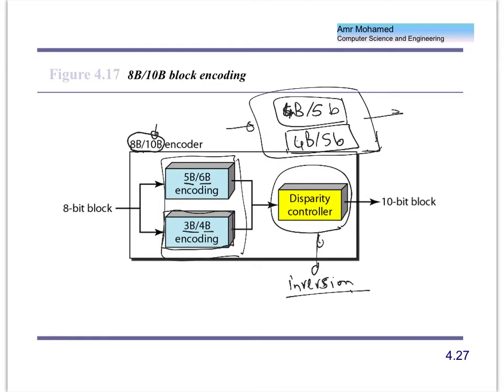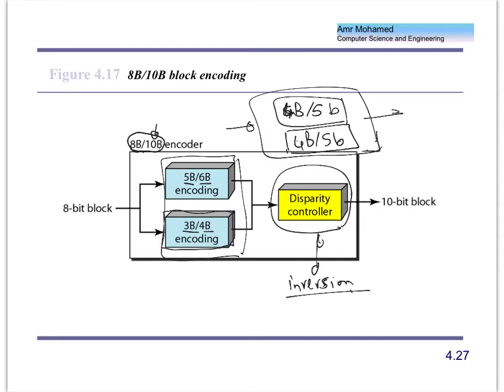The concept of inversion sometimes improves the error correction or the error detection by balancing the number of ones and zeros, the number of positive voltage and the number of negative voltage. If you have positive voltage similar to the negative voltage, then you have balance, and you can improve the baseline wandering, in which case you improve the error detection.